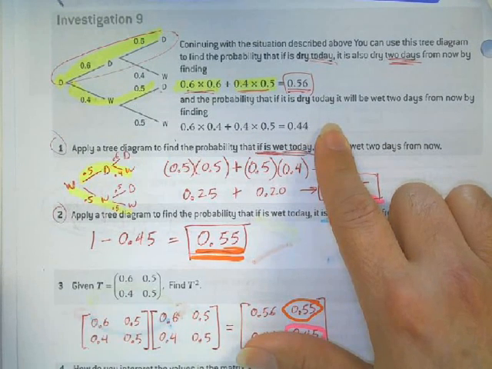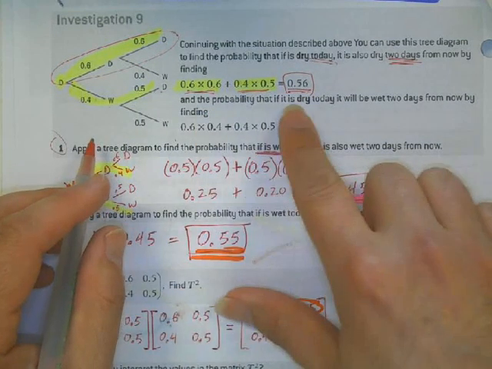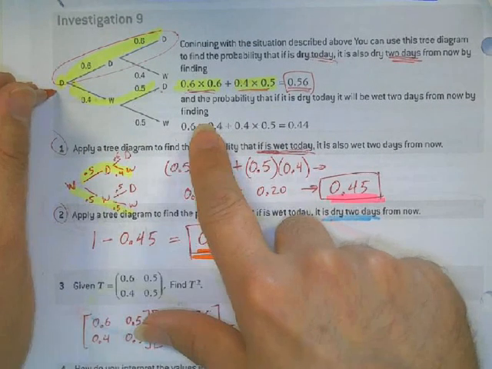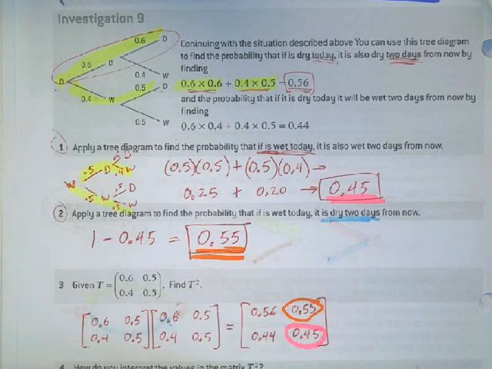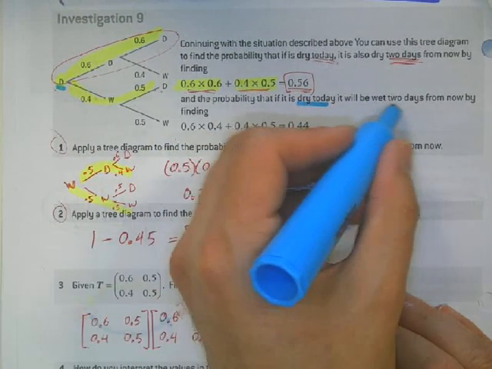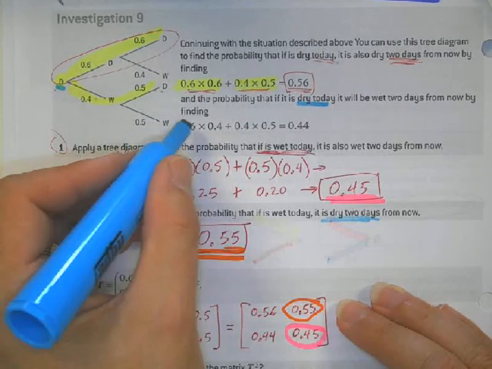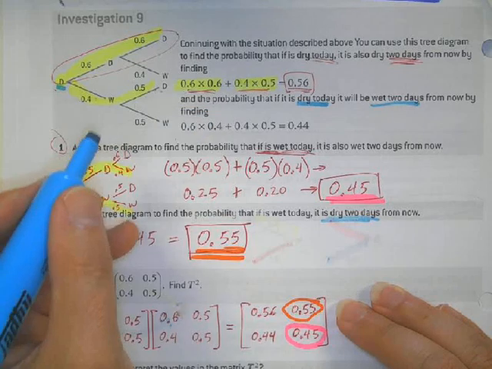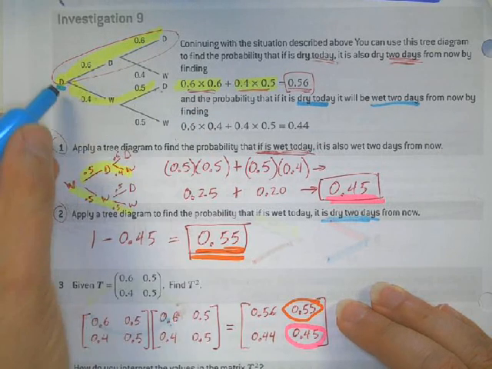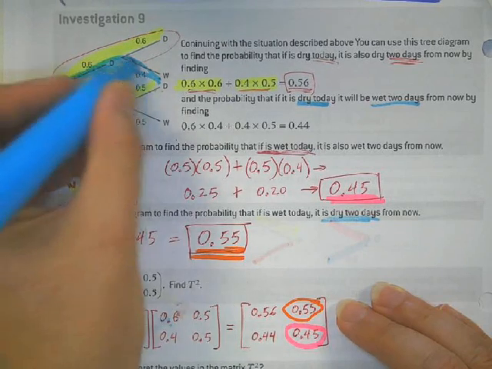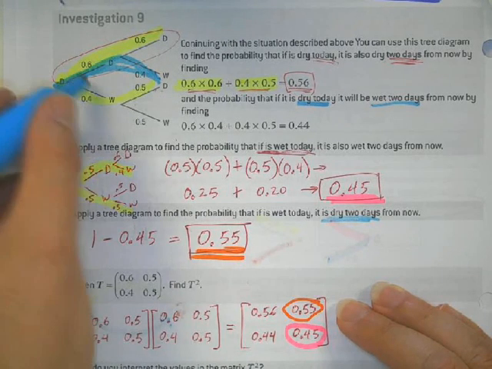Now, to find the probability that if it starts off dry, it's going to be wet after 2 days, we're starting off here. If I go this way, it's wet 2 days from now, which is 0.6 times 0.4.